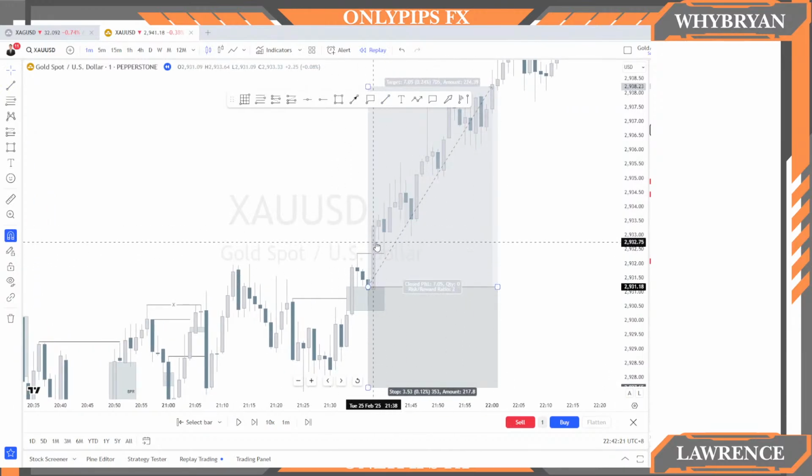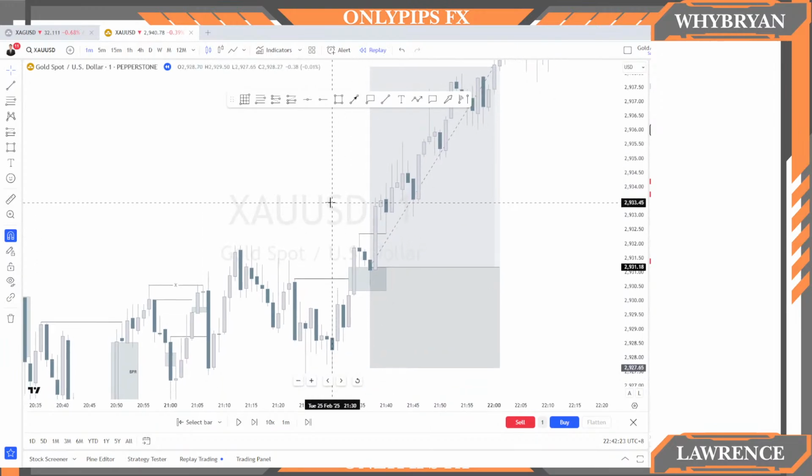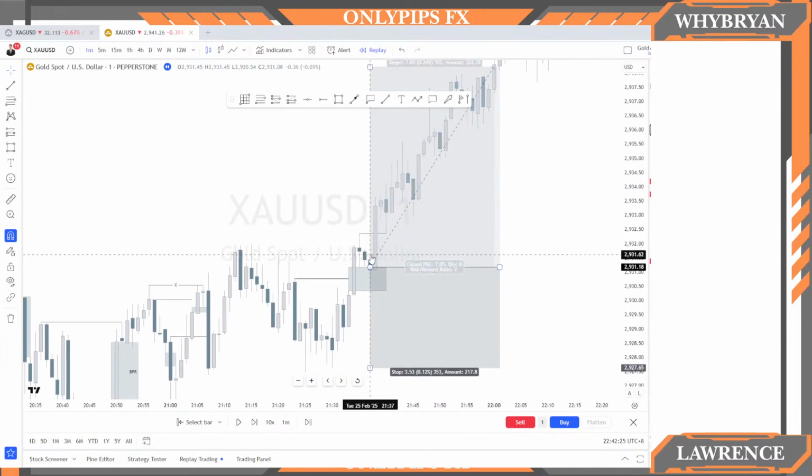If the price is respecting the fair value area or fair value gap, it will be rejected off with a wick instead of a body closure below.